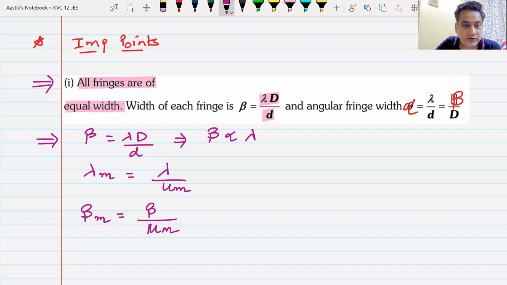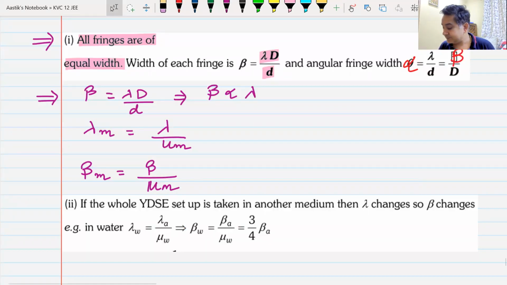Please note all of these points very, very carefully because one of these points is going to come in your examination hall. This is point number 2. You can take the example of water. Mu of water is 4/3.